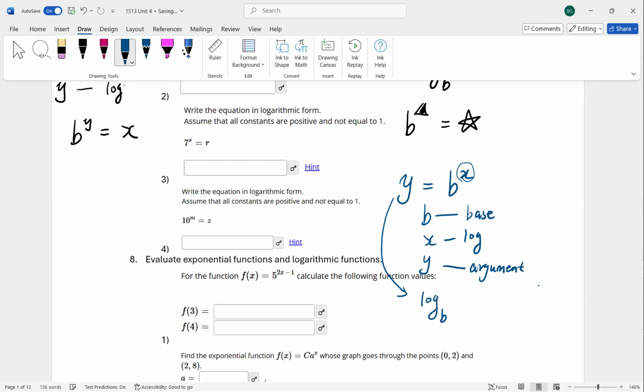Log with base B, and the argument is Y, equals X. And done. I'm trying to show you the trick I use to convert from one form to the other. Please let me know if that is clear.